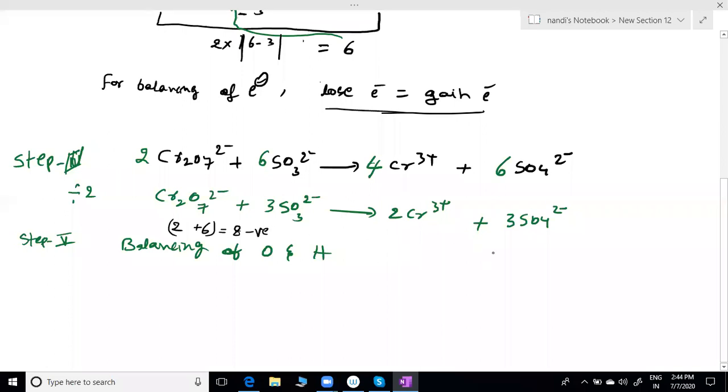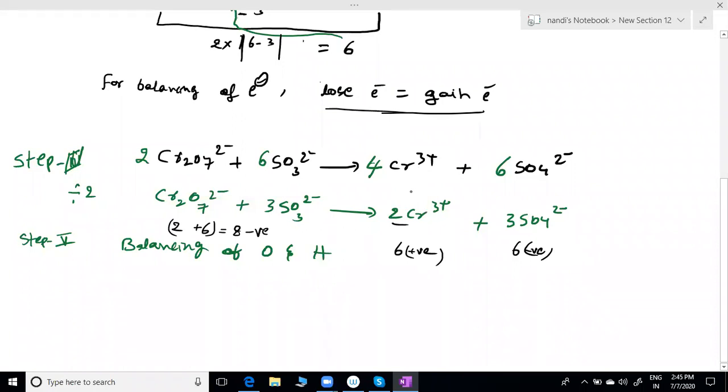Right side how much? 3 into 2, 6 negative charge and 6 positive charge. Is it correct? 6 positive, 2 into 3. So to maintain equal charges on both sides, how much H plus we have to add?